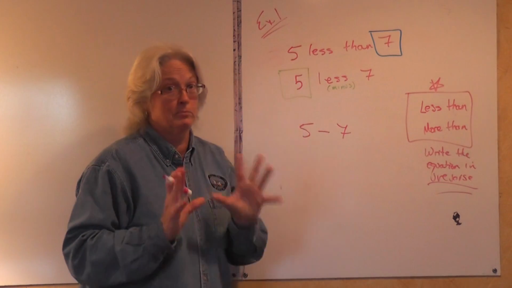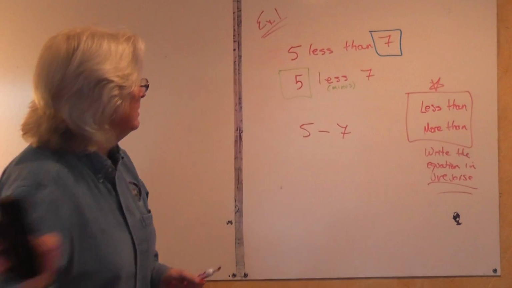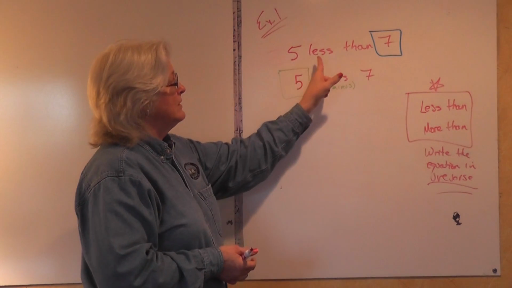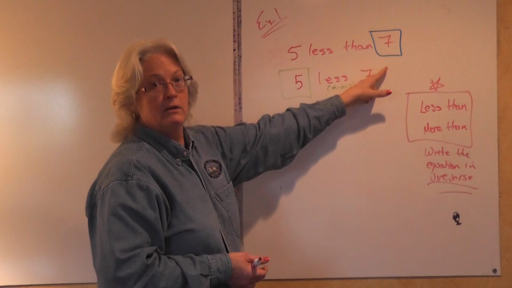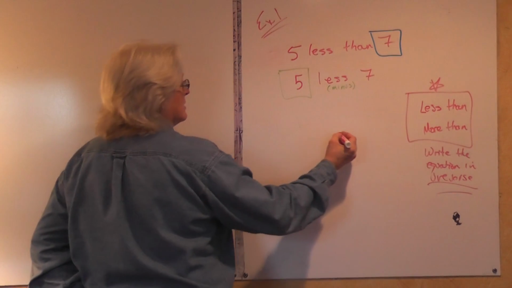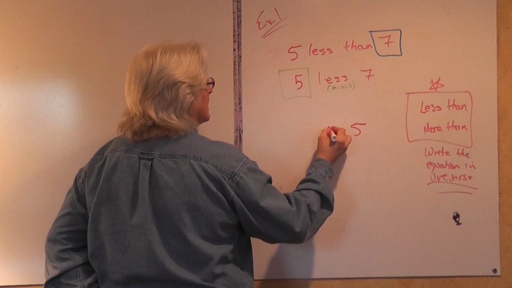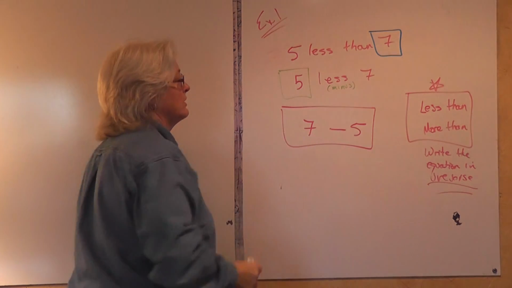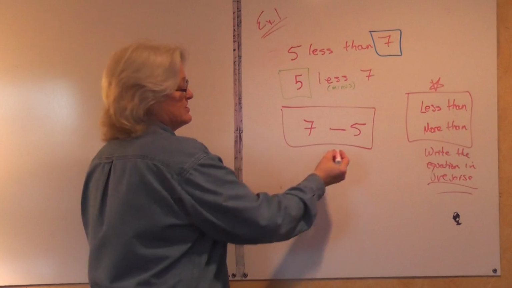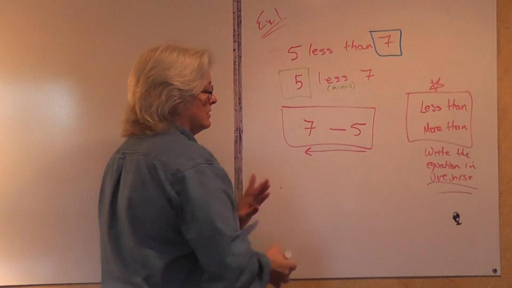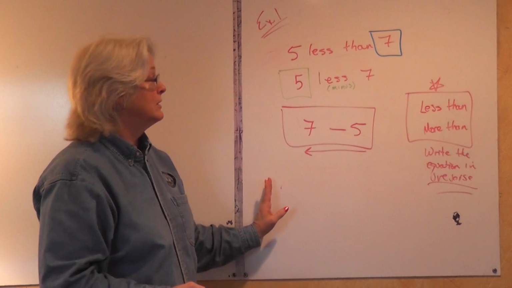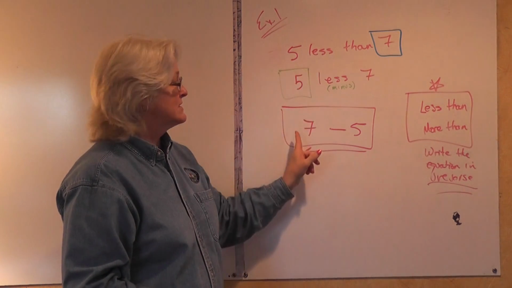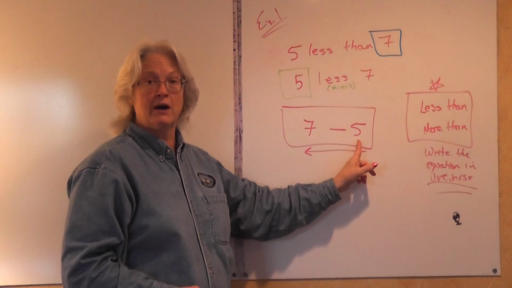But let's go ahead with the problem that I have actually written here on the board. This says 5 less than 7. If I wrote this in reverse, almost as if I were reading Hebrew, where you read right to left, what are we beginning with? We're beginning with 7, and we're subtracting 5 from it.